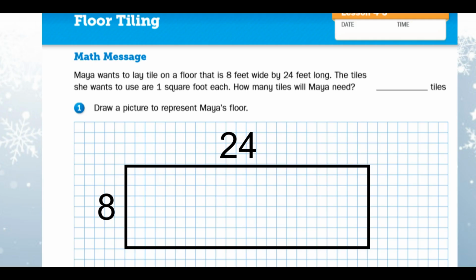In lesson 4.3, we're learning to use a familiar model, the area model, to help us solve extended multiplication. So here we have Maya laying floor tile, and her room is 8 feet by 24 feet. So here we have our 8 by 24 rectangle.